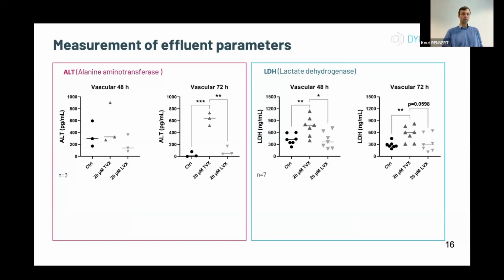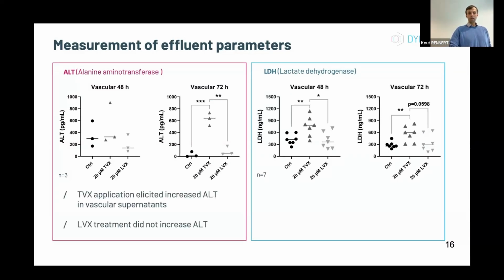And for ALT, you see after 48 hours there is a trend that trovafloxacin will increase the ALT release. This is more prominent and then also significant after 72 hours compared to the control as well as to the levofloxacin, the non-toxic analog, which did not increase the ALT.